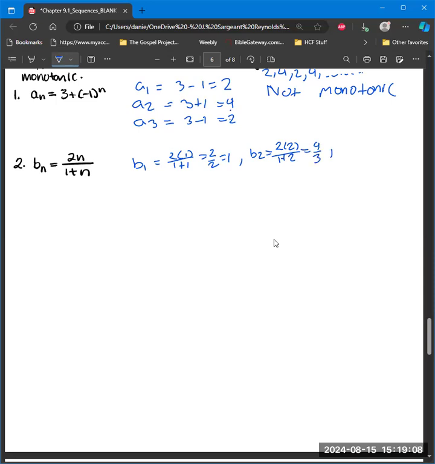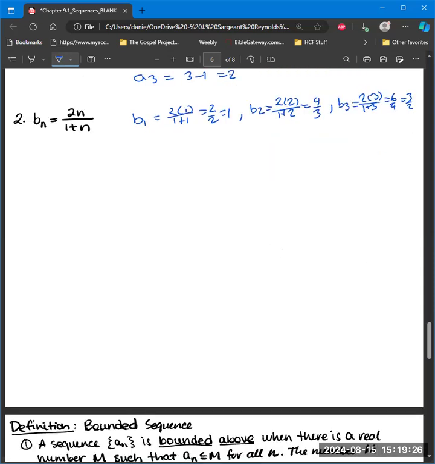And then B3 equals 2 times 3 over 1 plus 3, which is 6 over 4, which is 3 halves, which is a little bit bigger still. So now we want to know, is B sub n plus 1 always bigger than B sub n in general?